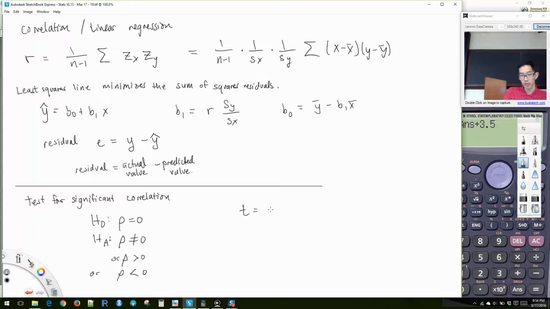This takes a test statistic of r times the square root of n minus 2 over 1 minus r squared. Look up in the t-table with n minus 2 degrees of freedom.